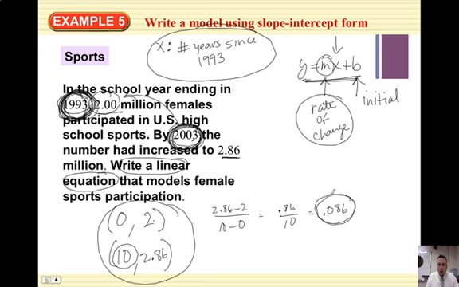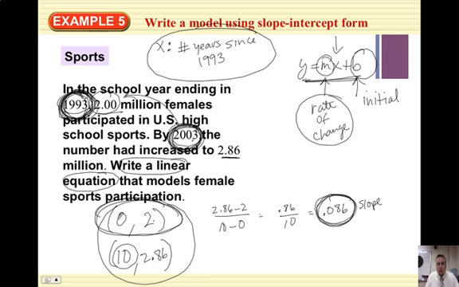This is your slope, or your rate of change. Now, usually we have to find the b, the initial. In this case, we don't, because 0, 2 is the initial. Remember, when x is 0, you have your y-intercept. So actually your initial is 2.